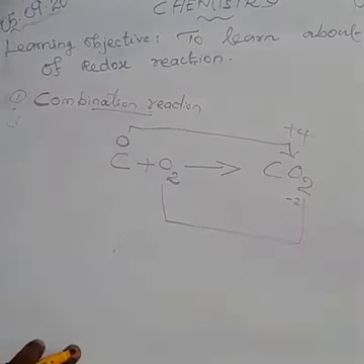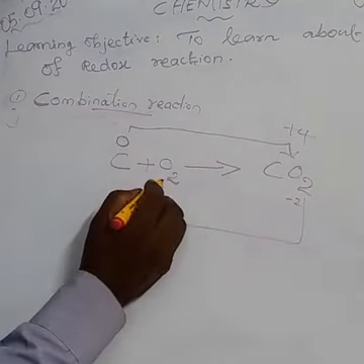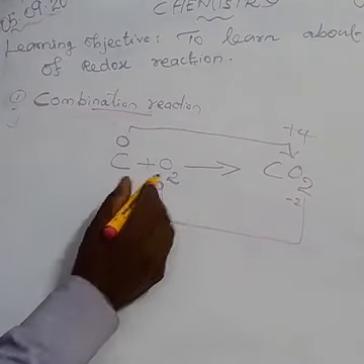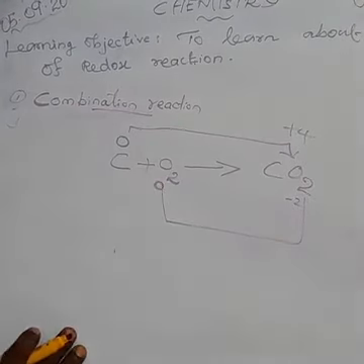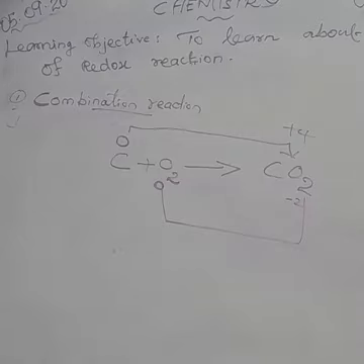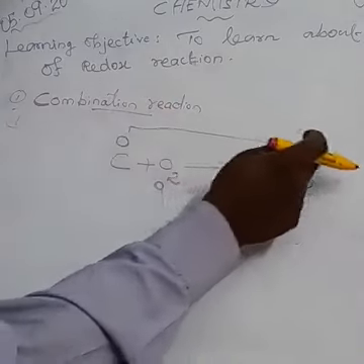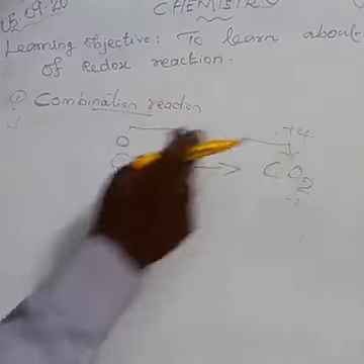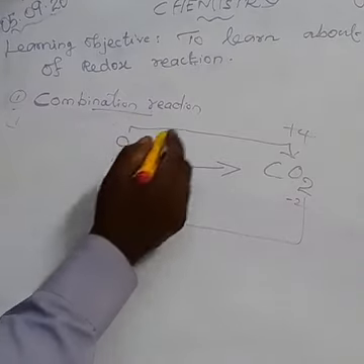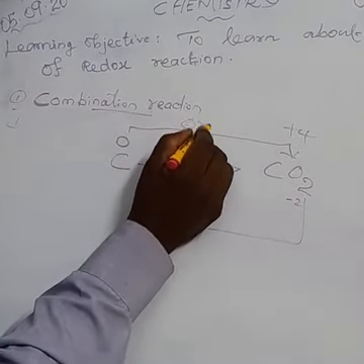Clear? And this oxygen also exists singly, so its charge is 0. I told you about that in the previous video. The oxidation state is increasing from 0 to plus 4. It is increasing, so it is called what? Oxidation.